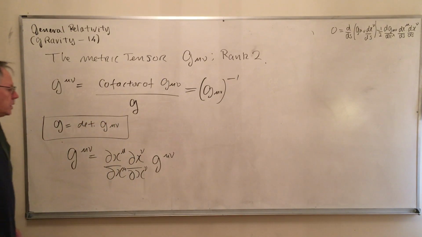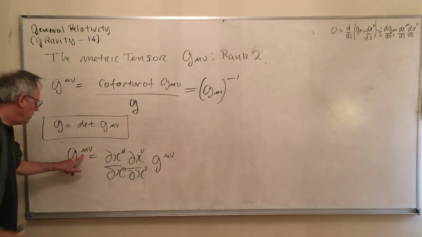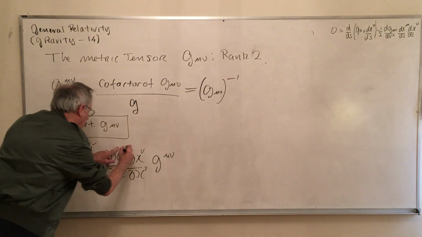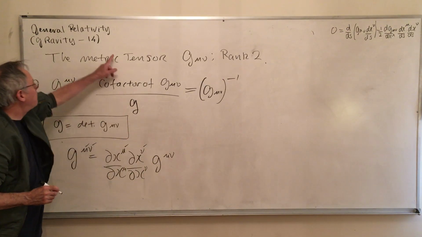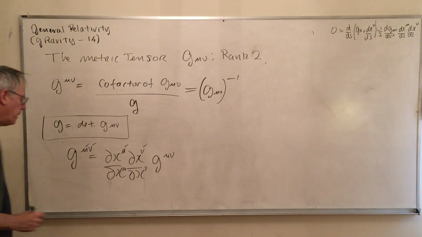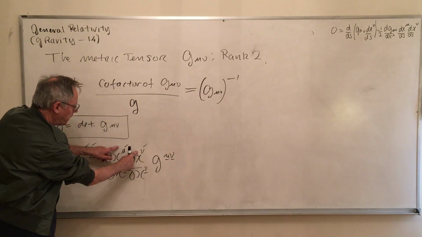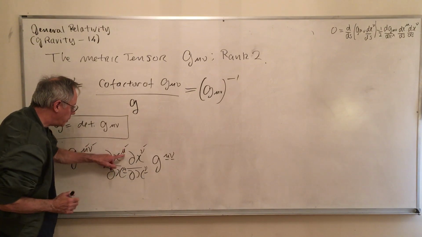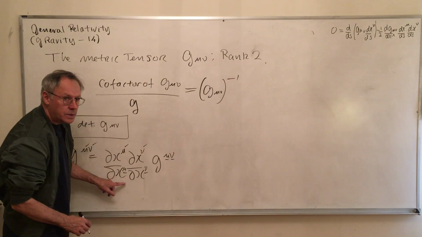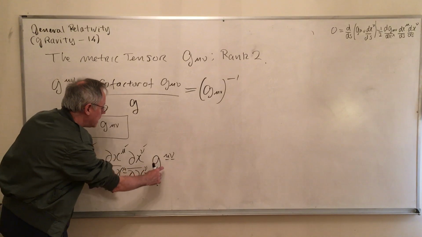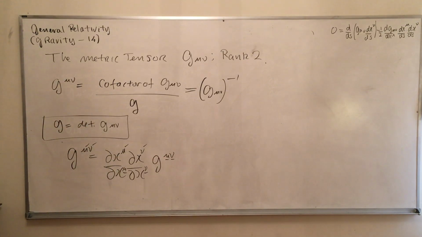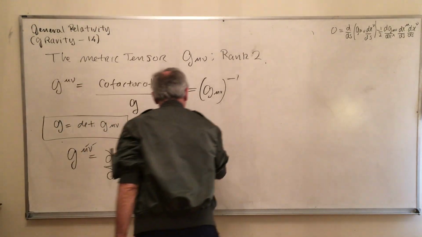I put in our mu's and our nu's. Upstairs are the dashed, so they go upstairs. They're the inverse functions of the previous, and summed over these indices, so that the free indices are the mu dash and the nu dash. I don't say dummy indices, but the summed over indices are these two ones. And for a diagonal metric, it will be like this.